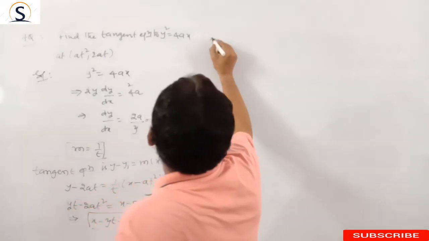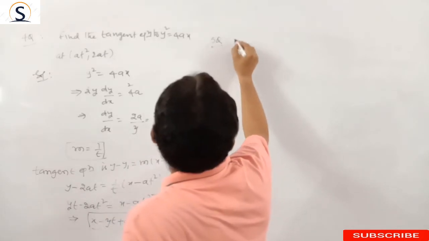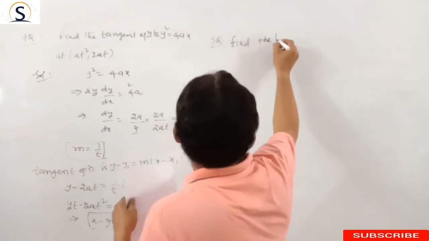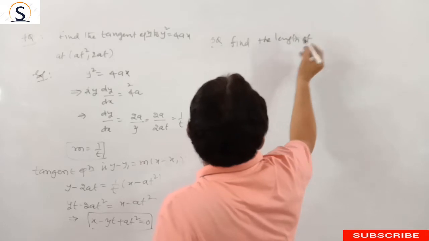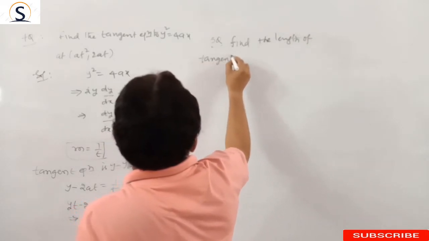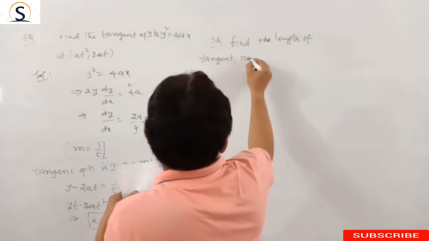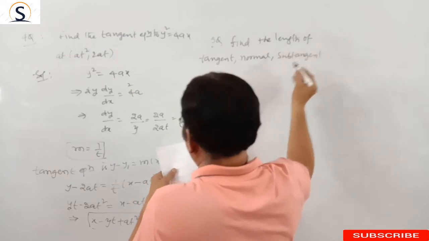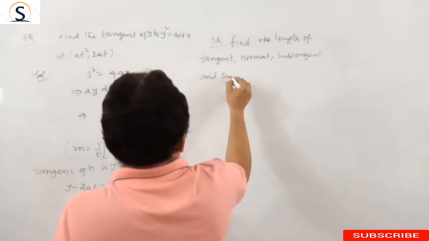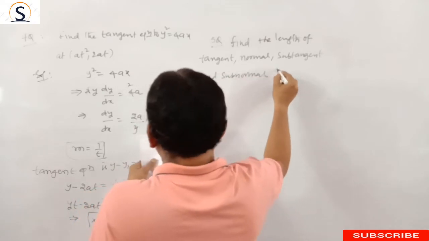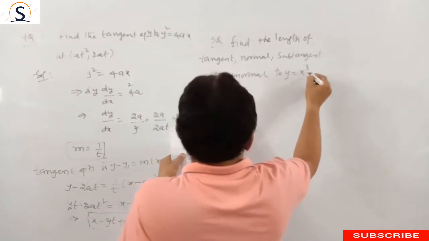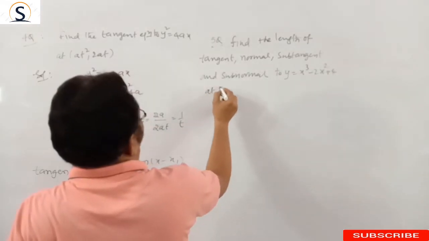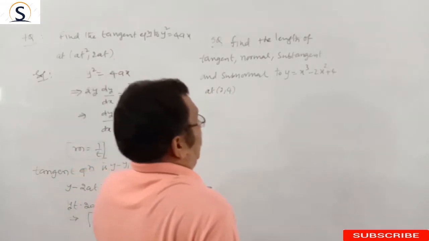Next, the fifth question is: find the length of tangent, normal, subtangent and subnormal to y is equal to x cube minus 2x square plus 4 at the point (2, 4).